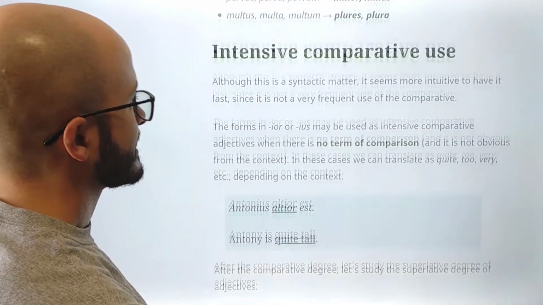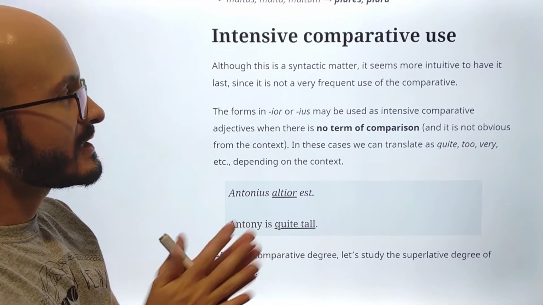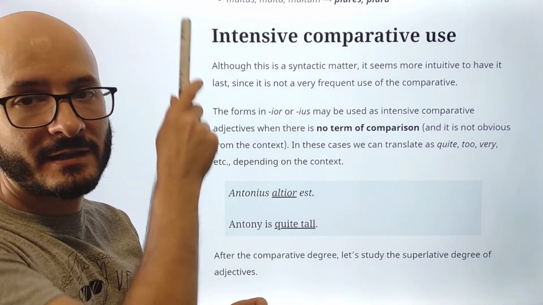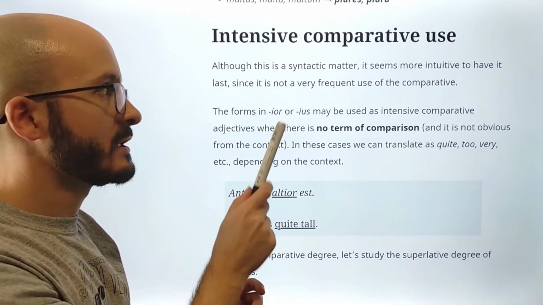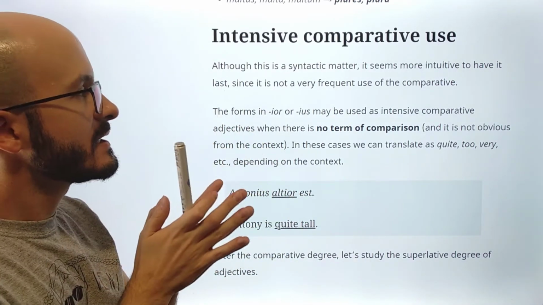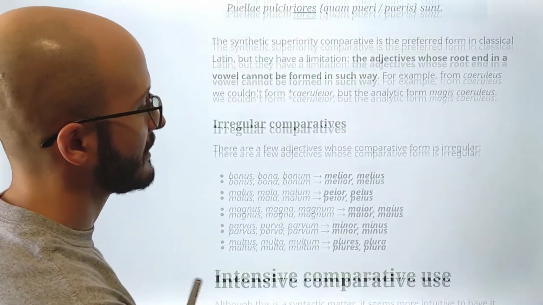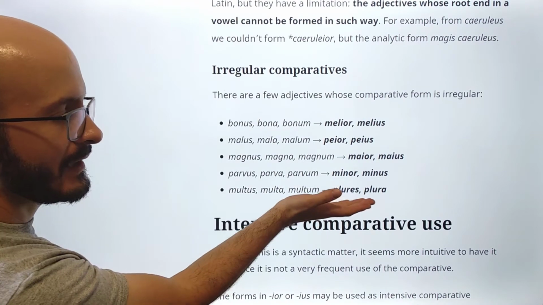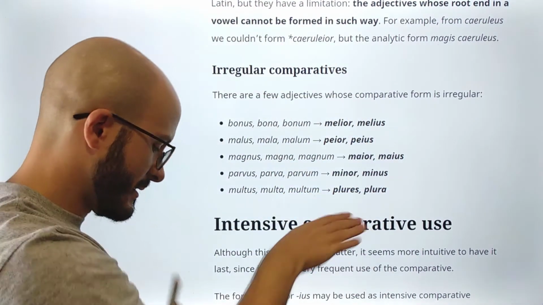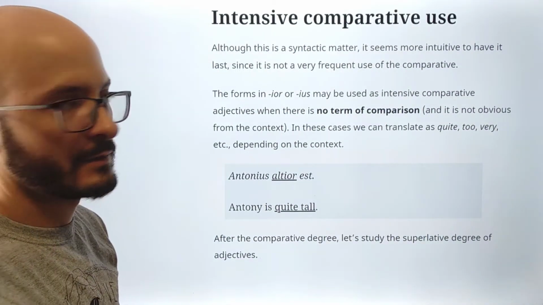And last, intensive comparative use. Although this is a syntactic matter, so we should have studied it before the morphology, it seems more intuitive to have it last since it is not a very frequent use of the comparative, no? So, I mean, until here is the important part of the class, and now this is the least frequent and least important part of the class, okay?